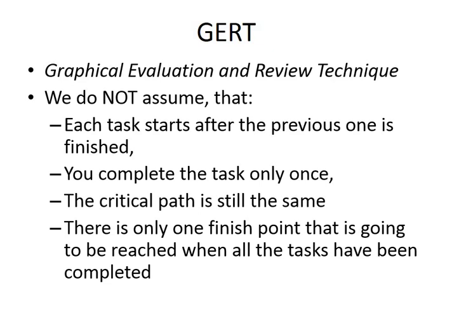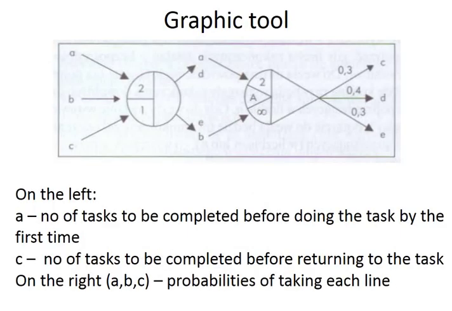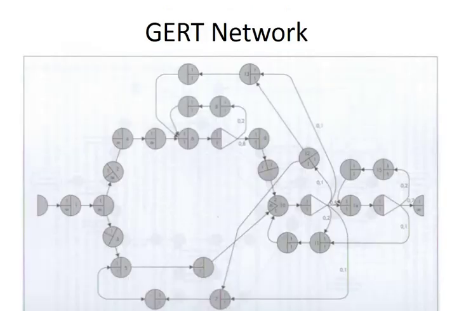You can complete the task plenty of times. The critical path can change, and there are different finish points for the tasks. So this is a graphic tool, so we use some approach to drawing the schemes like here, and we get something like that.